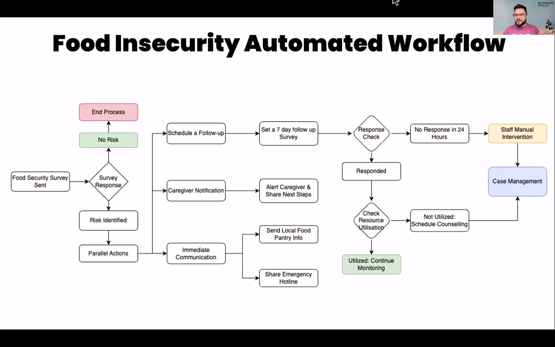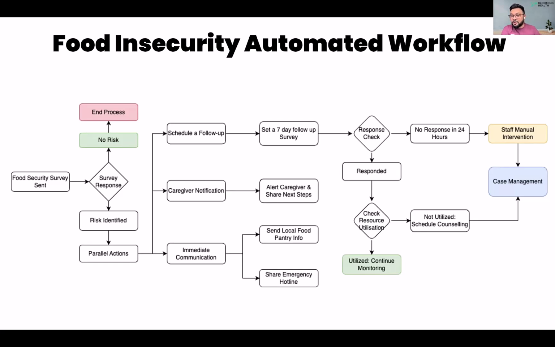If a member is identified at risk of being food insecure, based on the level of risk, the Blooming Health system automatically either sends them a phone number for an emergency hotline, or sends them information of a local food pantry.